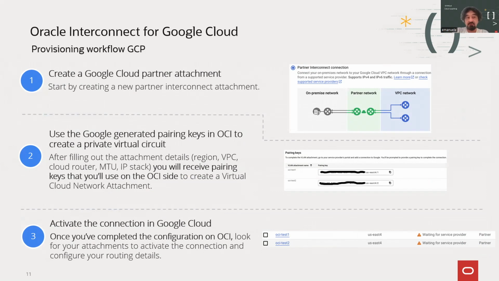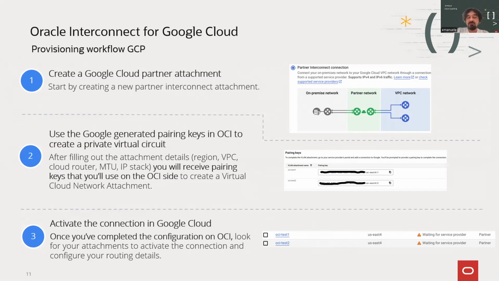And it's very simple. You just generate the pairing keys after you specify the usual details: the region, the VPC, the Cloud Router, IPv4 or IPv6. Once you do that, you receive two pairing keys, right? And those two pairing keys are the ones that you are going to use in the Oracle console.